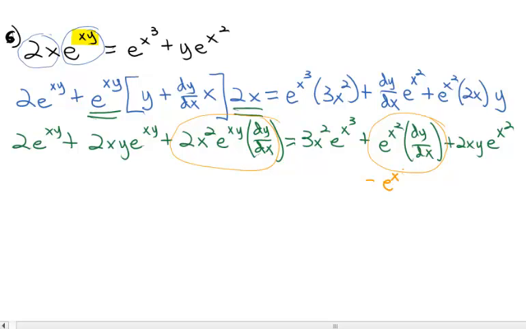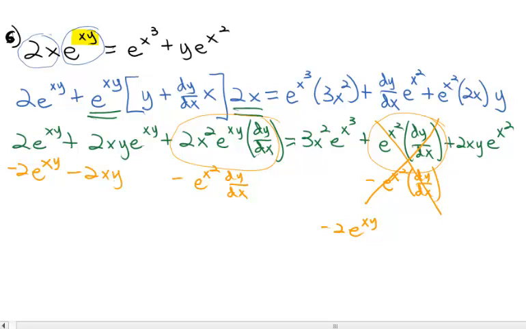So we'll subtract e to the x squared dy dx from both sides. So those are gone. We got to get everything without a dy dx then over to the right. So we'll subtract 2 e to the xy. Subtract 2xy e to the xy.